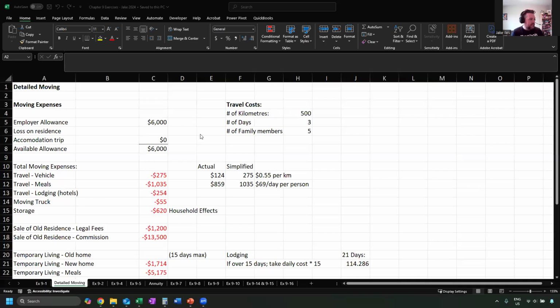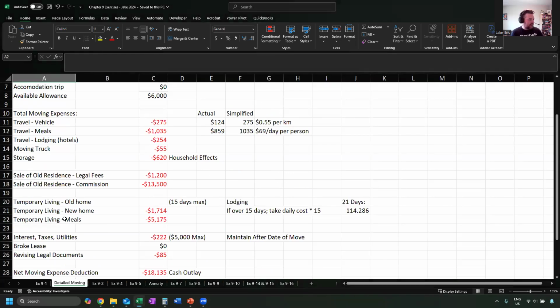I wanted to start this video with a quick elaboration to something that I said in the moving expenses video earlier in this chapter. So, sharing the screen. When I constructed this more detailed example of moving expenses, I just missed out meals for the temporary living.